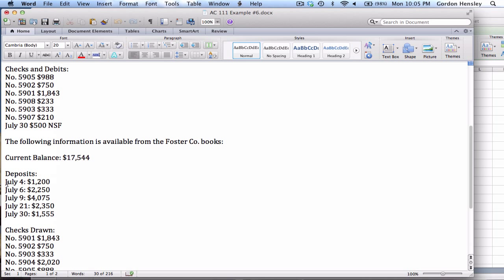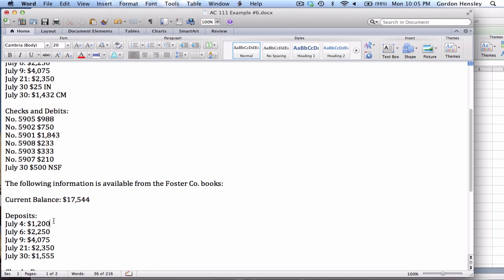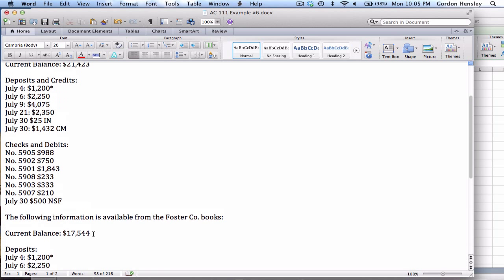So for example, I made a deposit on July 4th for $1,200. Well, right there it is, July 4th, $1,200. So I'm going to put an asterisk there because that means that that particular deposit that we made is showing up in both places.